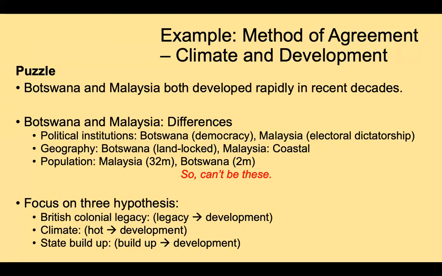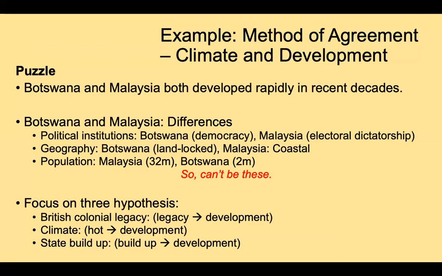So here's our puzzle. We've got two countries, Botswana and Malaysia. Both of these countries developed very, very rapidly in recent decades.